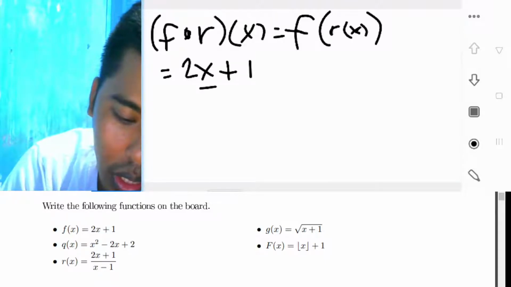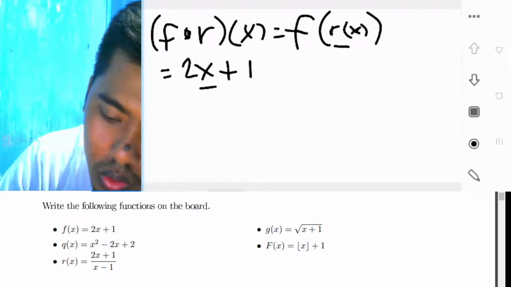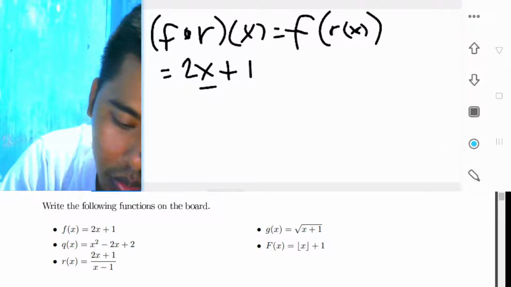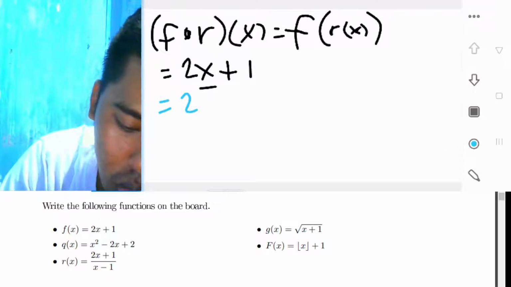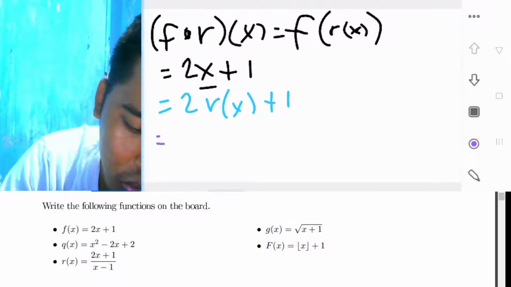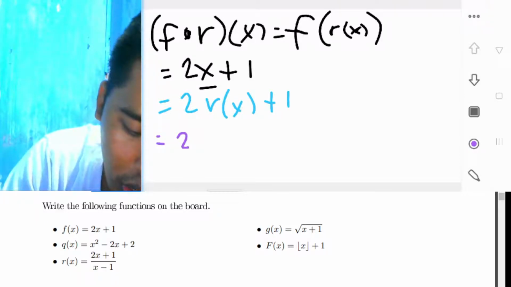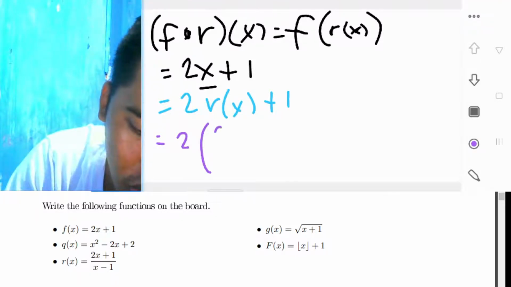So everything, every x should be changed into R of X. Okay, so that would become 2 R of X plus 1. Now change the R of X into the value, or should I say substitute it. 2, and the value of R of X is, in a fraction form, 2x plus 1 all over x minus 1.